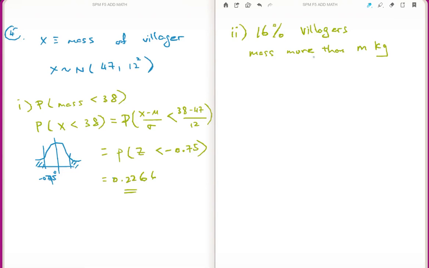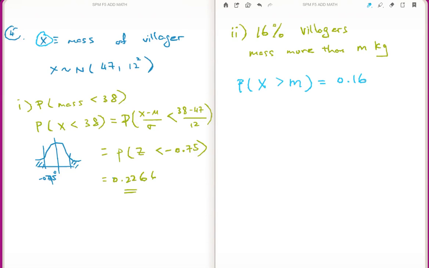So first of all, how do you do that? First, represent this in a mathematical form. X is the mass, that's why it's important to define it earlier. X more than m, and you were told that it's 16%, so 16% is 0.16.